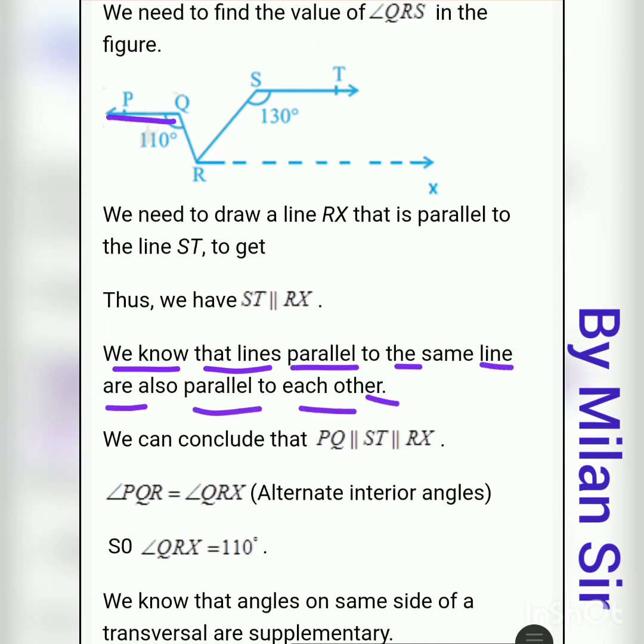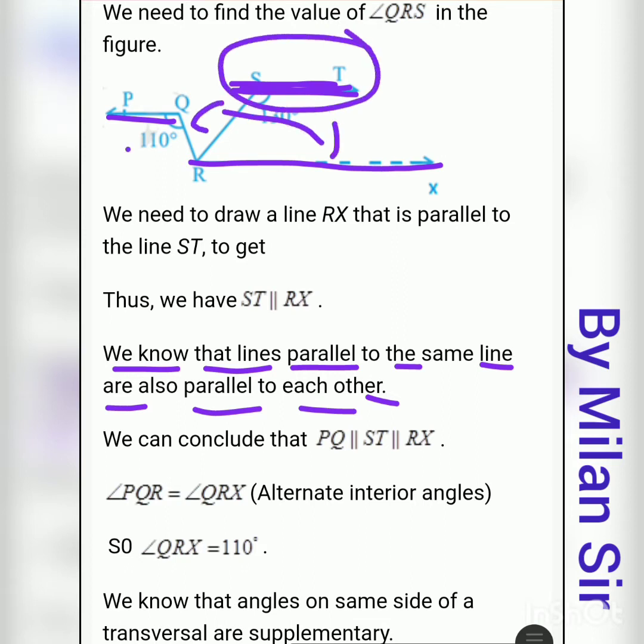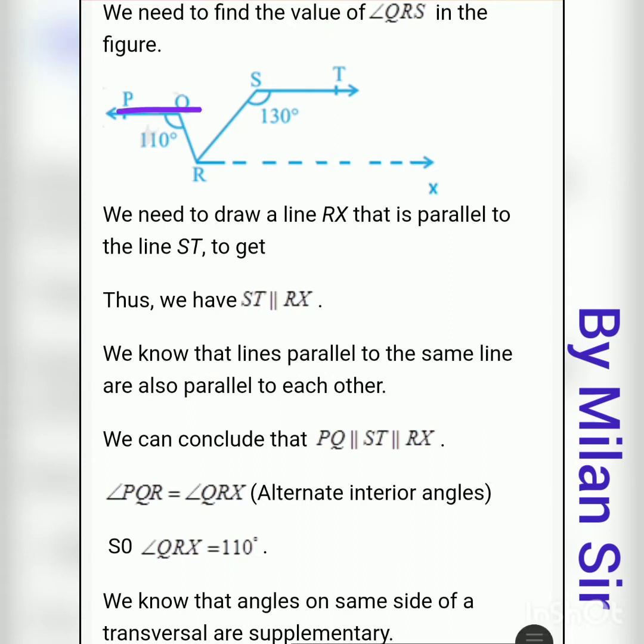That means PQ is parallel to ST, and RX is also parallel to ST. So both lines are parallel to the same line ST, and they are also parallel to each other. That means PQ parallel to RX.